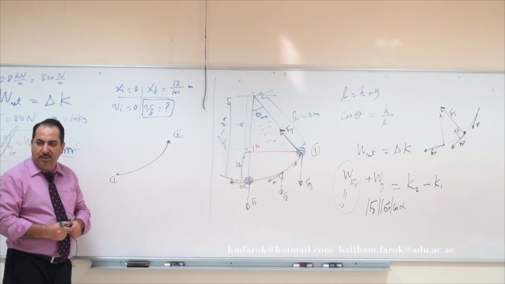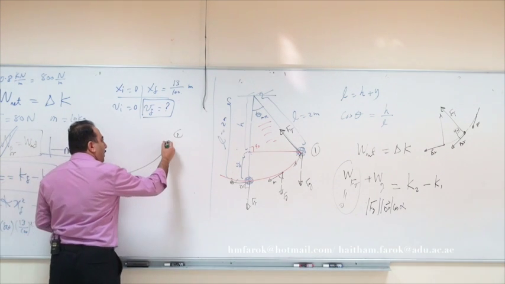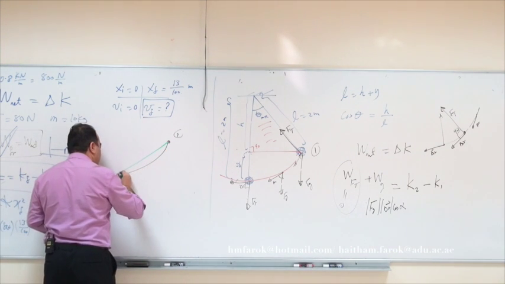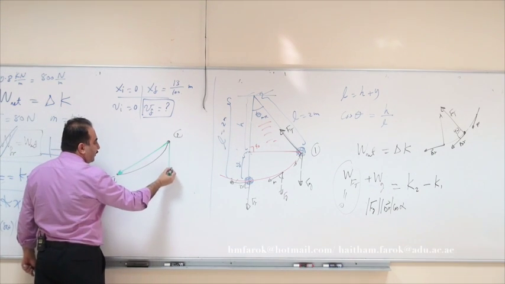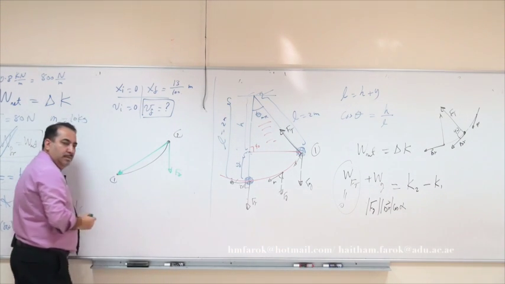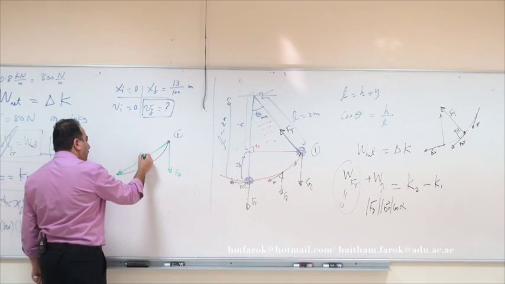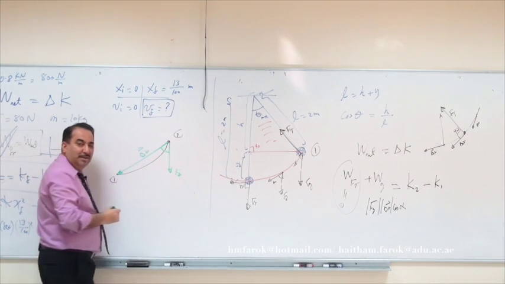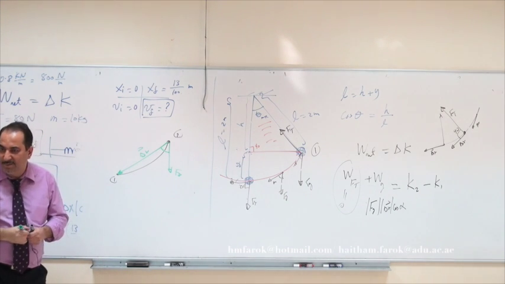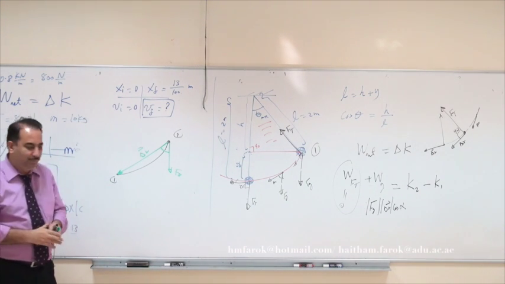Uzair said, let's take this path. Straight, okay. For this path, Fg is this way, and delta r. So what do you need? This angle. Do you know this angle? So this is not a good strategy.